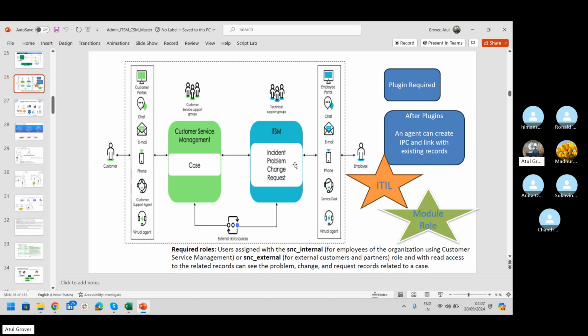I'm not saying go and check the license cost. No, just check which license will be required here and will be charged. Clear?